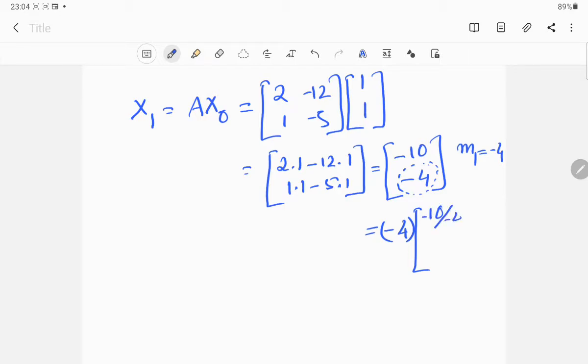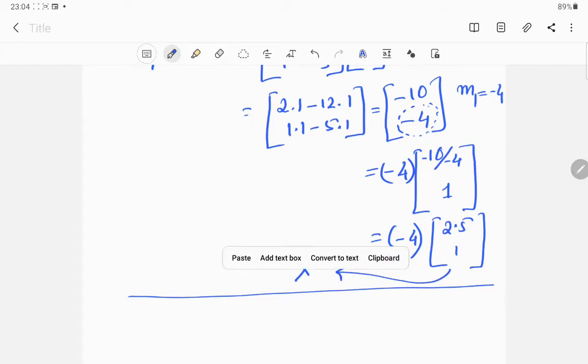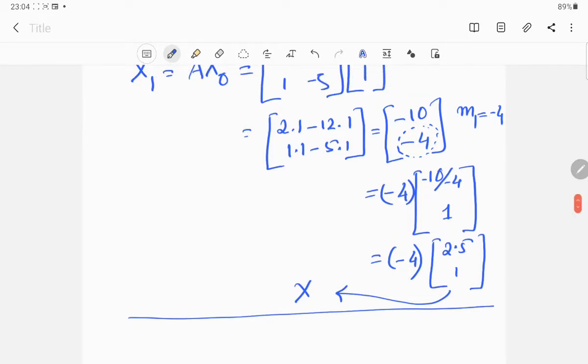Minus 10 by minus 4, which is 2.5, and 1. So this is the first step finished. Leave it like this.